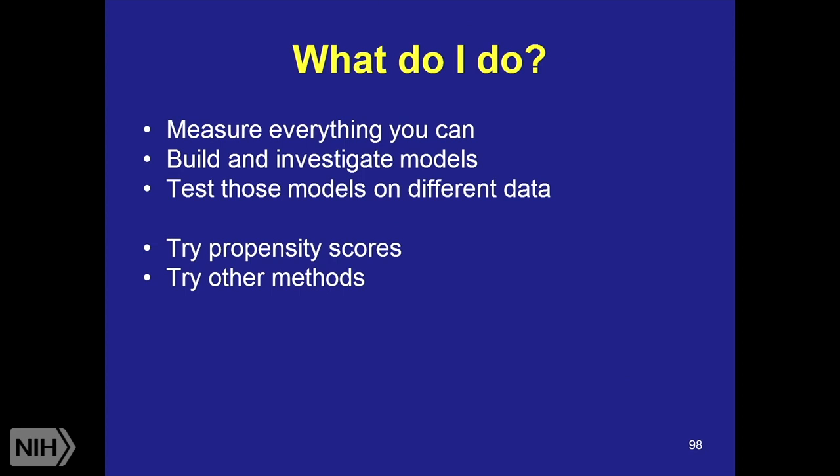Measure everything you can, build and investigate a lot of different models, and be honest about that. Don't just publish the one that looks good. Test the models on a lot of different data. Try to replicate it in a lot of different data sets. Try propensity scores. Try tons of different methods. Have a reason for your methods, but you're trying to generate hypotheses from this.